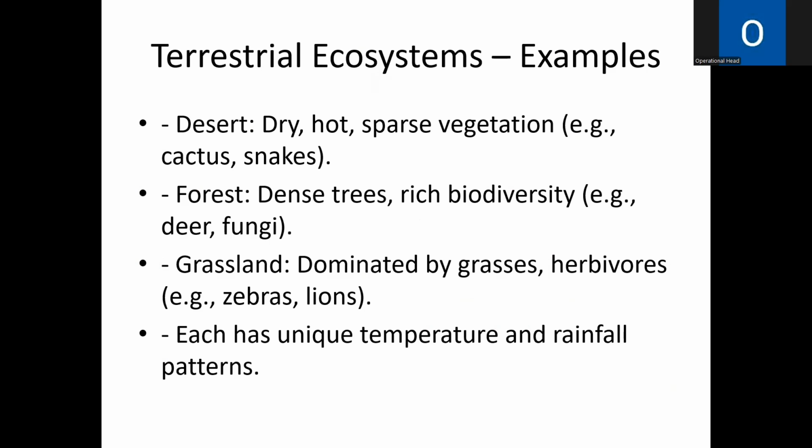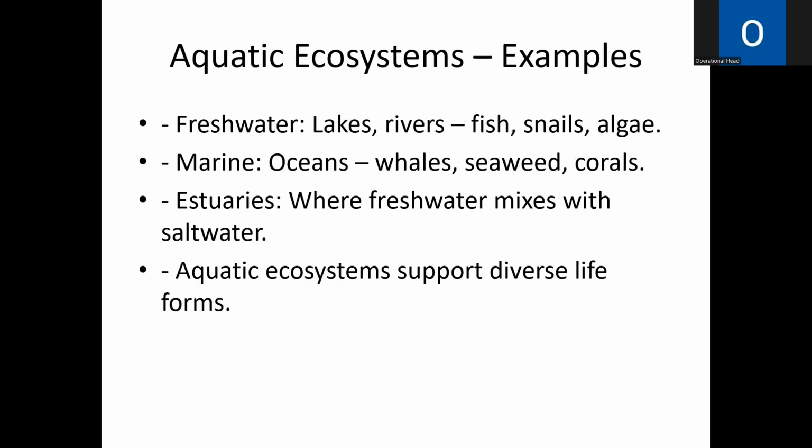Next the forest: dense trees, rich biodiversity, for example deer, fungi, etc. Grassland is dominated by grasses, with herbivore species like zebras and lions, etc. Each has unique temperature and rainfall patterns, which we can easily see in desert, forest, and grassland. Every ecosystem has unique temperature, rainfall pattern, and biodiversity.